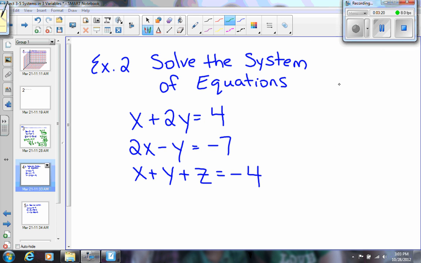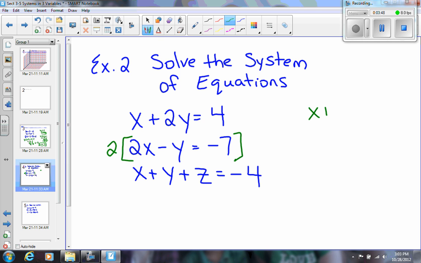Now that last example was the easiest case. This one is still not that hard, because if you look at the first 2 equations, you'll notice that you have 2 equations with just 2 variables. Well, you already know how to do this. So I'm going to use the elimination method, and I'm going to choose to multiply the second equation by a positive 2. I'm doing that so that I can make the y's be opposites so they can drop out.